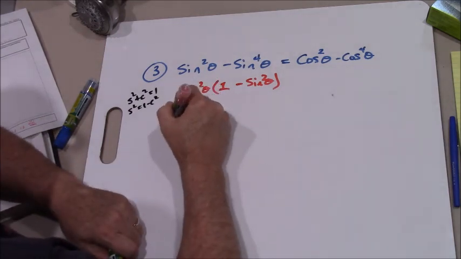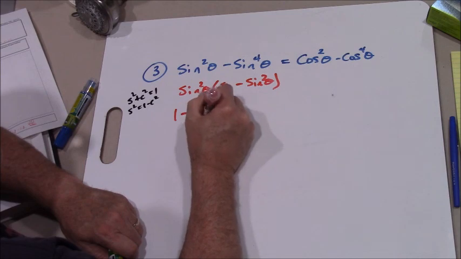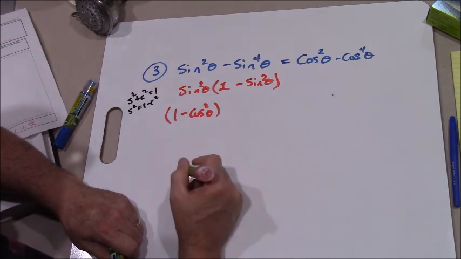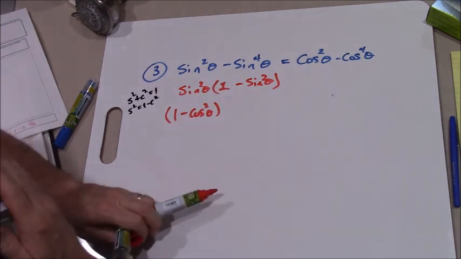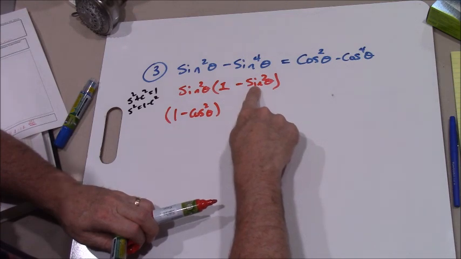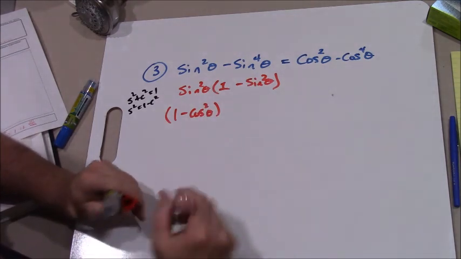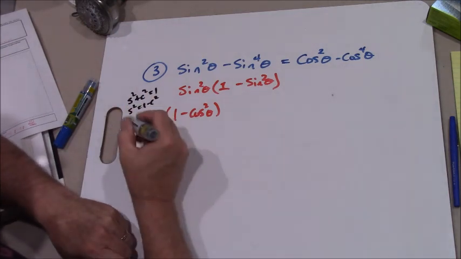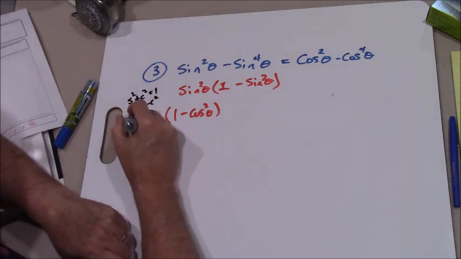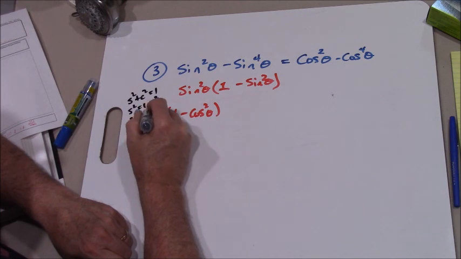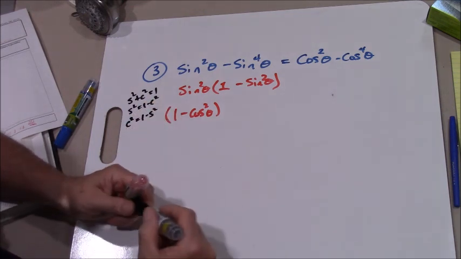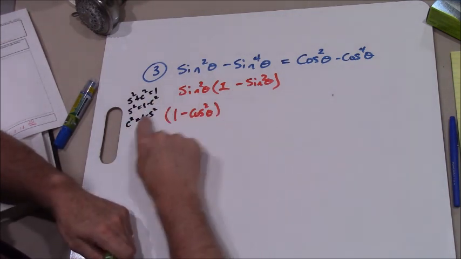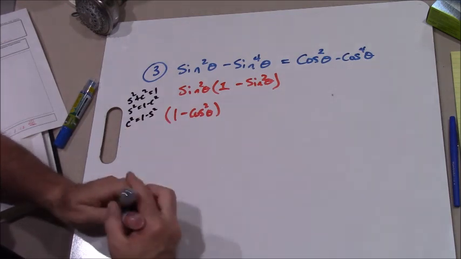This right here is going to become 1 minus cosine squared theta. And then 1 minus a sine squared theta. So what if I would have just moved the sine over to the other side? I could have said that a cosine squared is equal to 1 minus sine squared. So that thing right there is equal to a cosine squared.